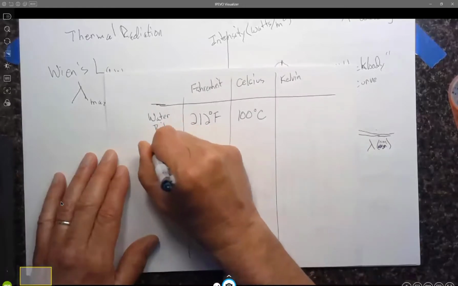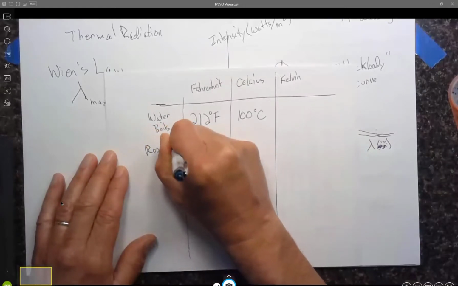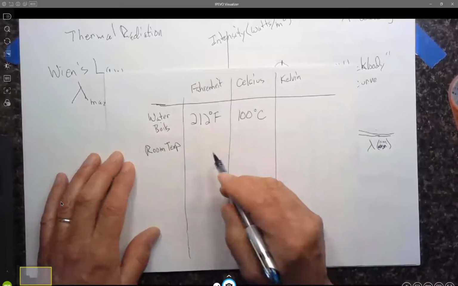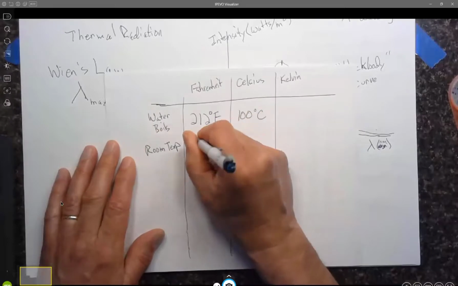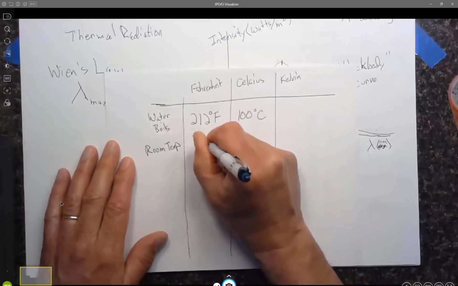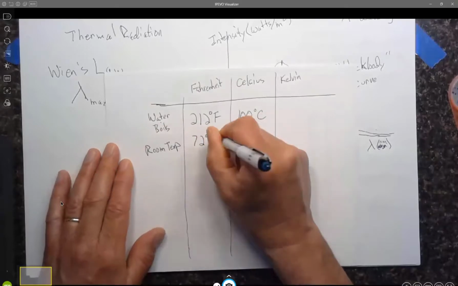Room temperature. Well, it depends on the temperature of the room, I guess, but a reasonable value on the Fahrenheit scale is maybe, well, what you often hear is 72 degrees Fahrenheit.